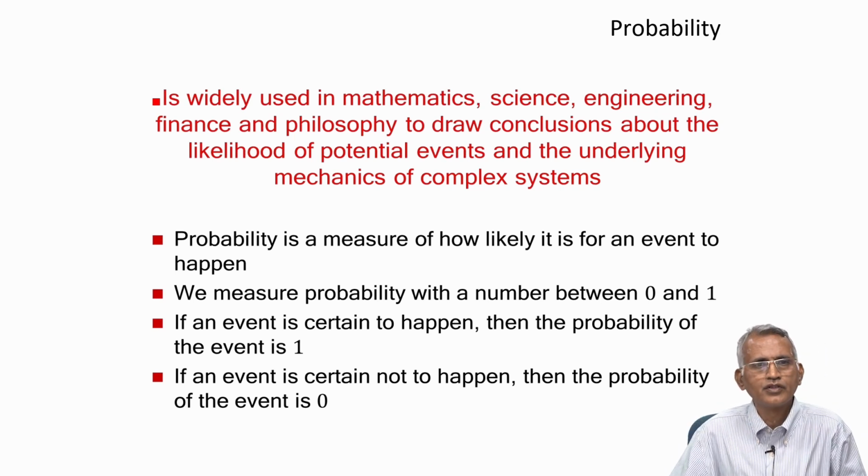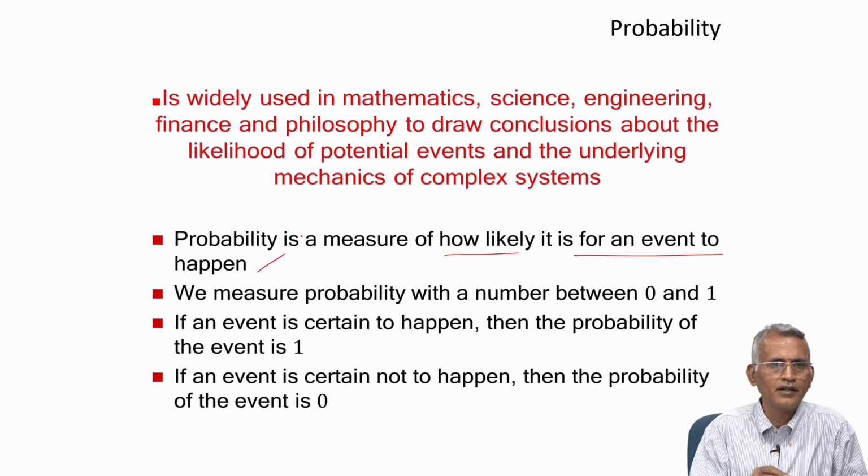Probability is a widely used mathematical idea in sciences, engineering, finance and philosophy to draw conclusions about the likelihood of potential events and the underlying mechanics of complex systems. That is, probability is a measure of how likely it is for an event to happen.